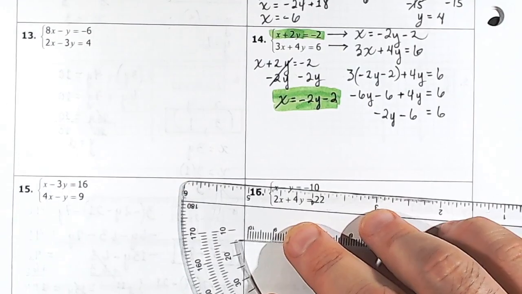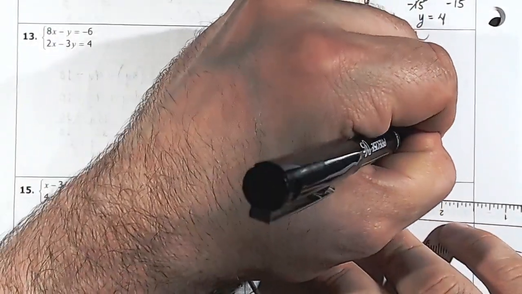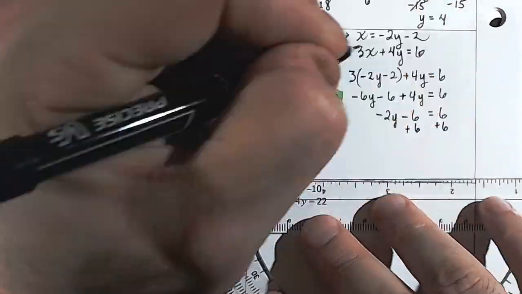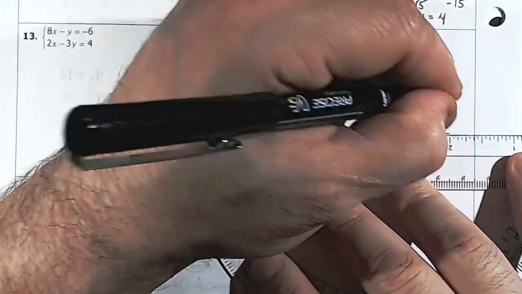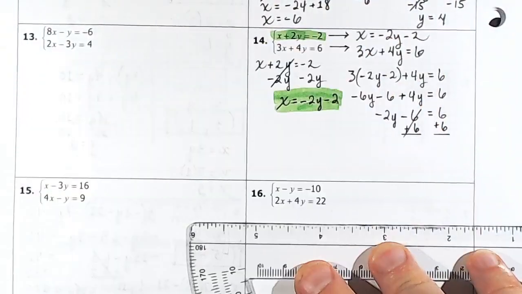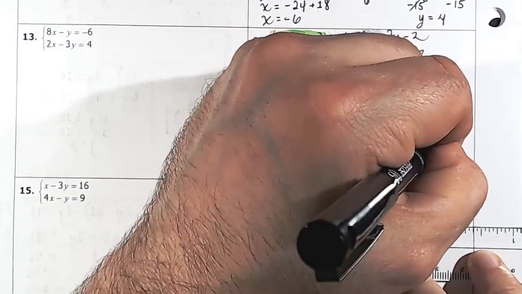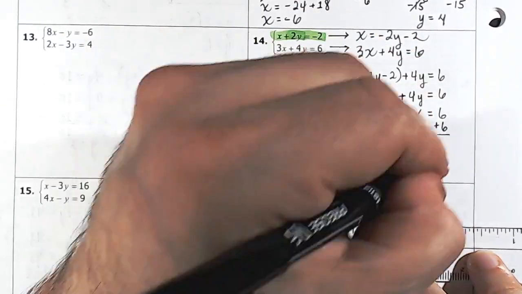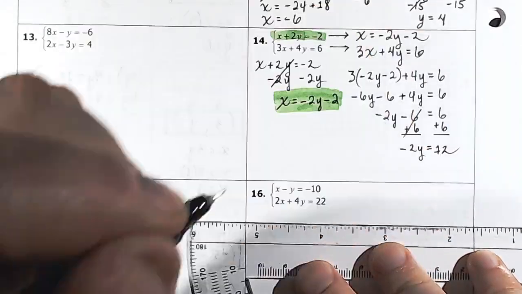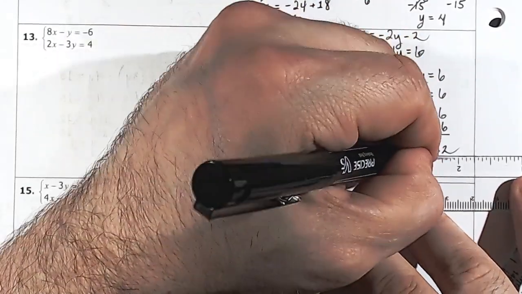Two steps from being done. First, I'm going to add 6 to both sides. These cancel, and I can bring down this negative 2y equals 6 plus 6 is 12. Okay.